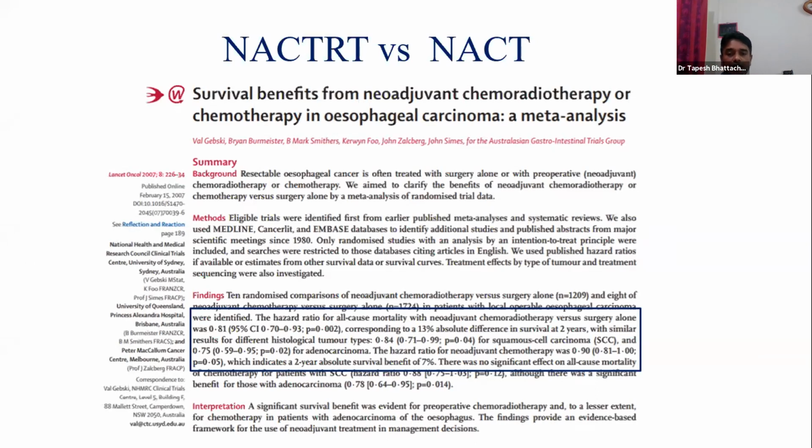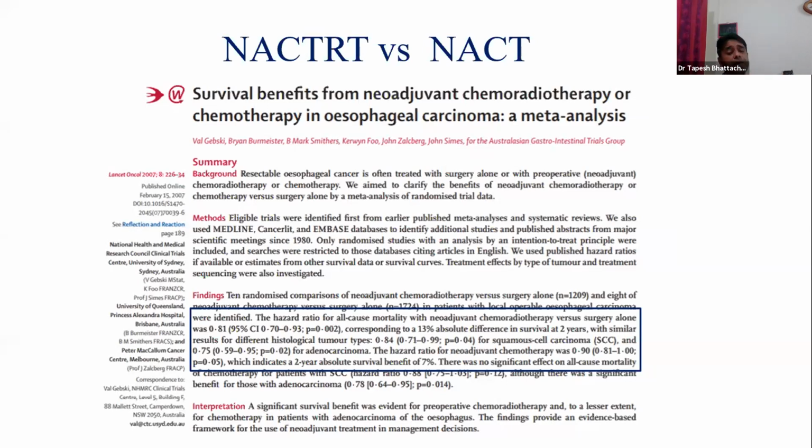For squamous cell carcinoma, it was 0.84, and 0.75 for adenocarcinoma. The hazard ratio for neoadjuvant chemotherapy was 0.90, which indicates a 2-year absolute survival benefit of 7%. So what they have shown is that chemoradiation, irrespective of histology, gave around 13% benefit at 2 years, and chemotherapy was giving 7% benefit.